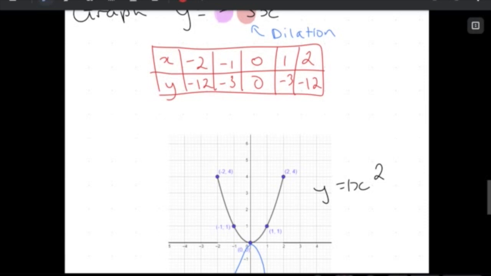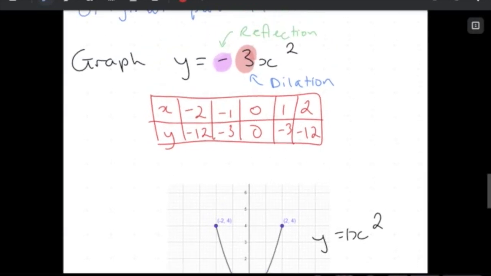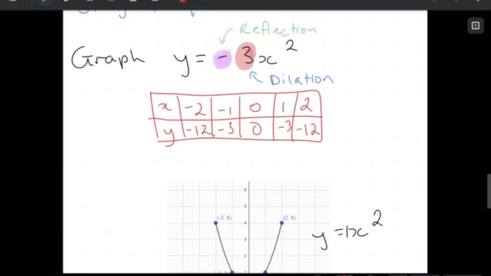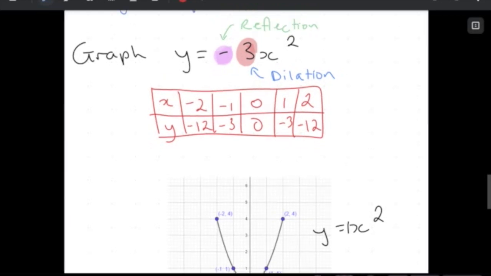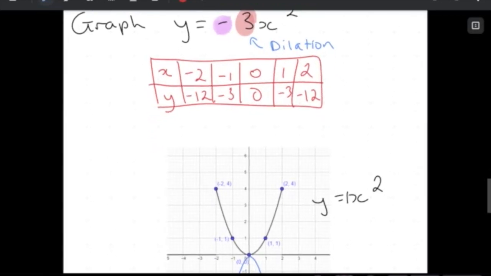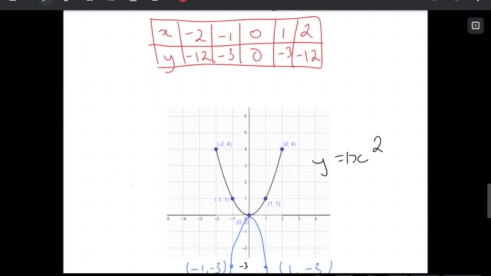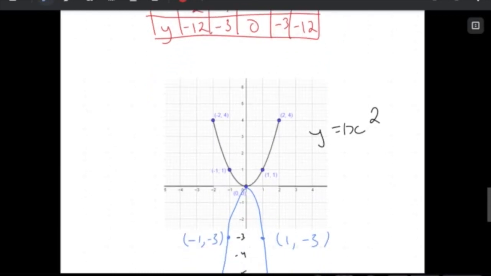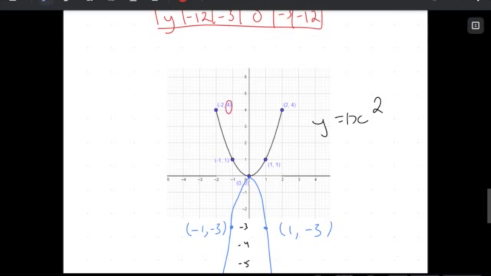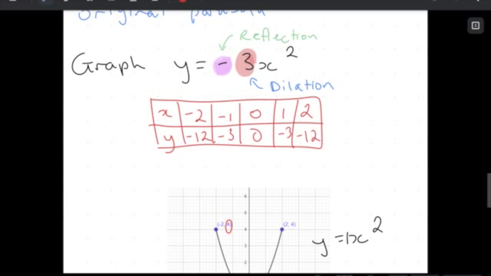But let's just check one more thing, right? Because we said that all of our y values, from what we've learned in this entire course so far about parabolas, when we do these transformations, my y values are changing. Now here we said that my y should be scaled by a factor of -3.